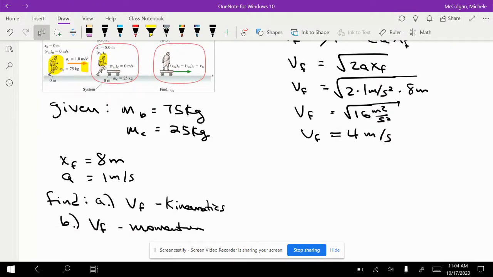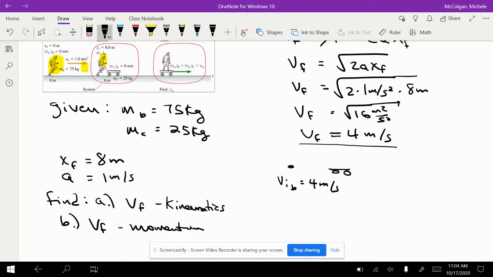Now when I think about the new problem for part B, I've got Bob here and my cart here. This v final that we found in part A is going to be our v initial for Bob just jumping on. So right before Bob jumps on, his v initial is going to equal 4 meters per second.